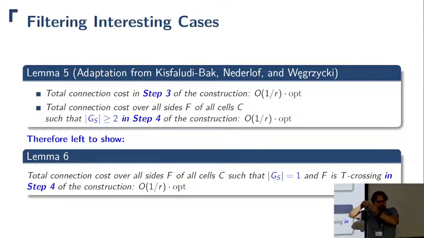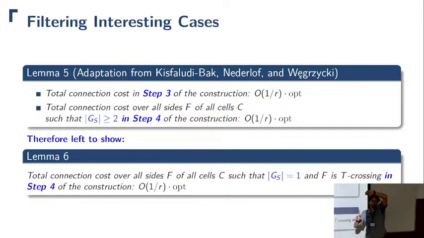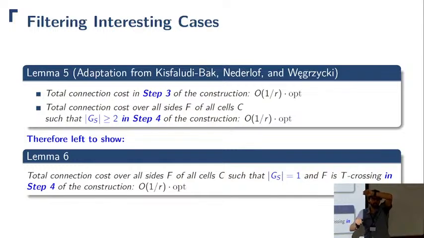So we do not pay much for that crossing, and therefore we are good. If we have an op crossing and a T crossing that are far away from each other, then this behaves like two crossings, and then we can apply Kisfaludi-Bak et al. And we get our result. So what's stated in lemma 6 here is actually an easy case that we have to show.